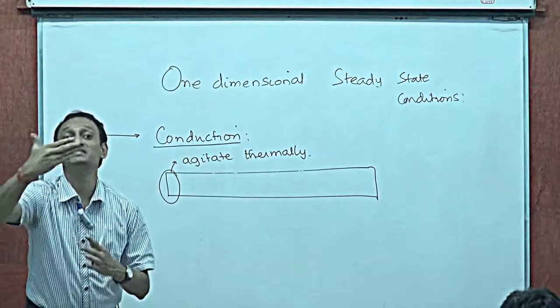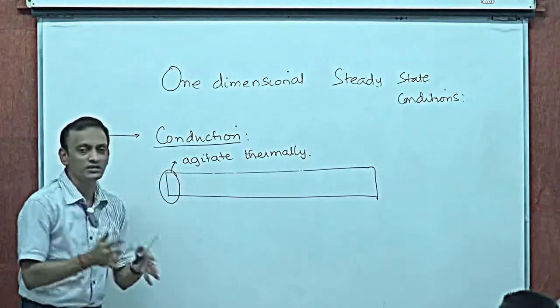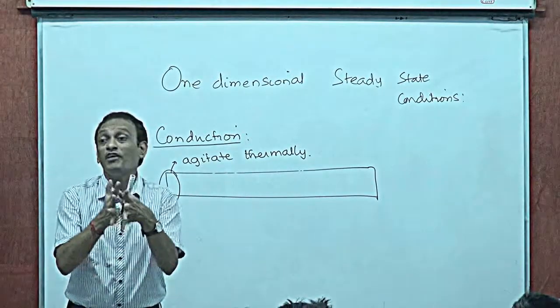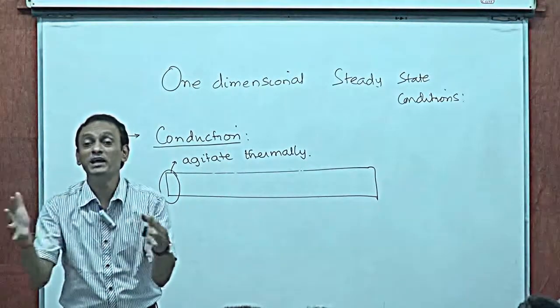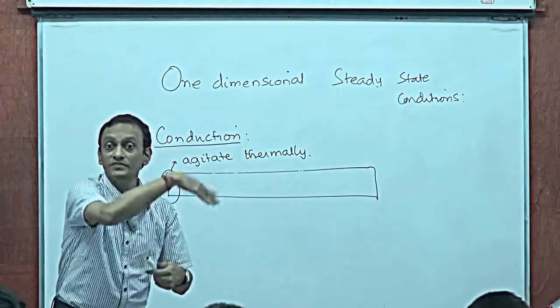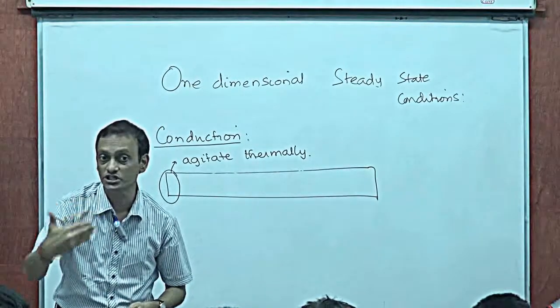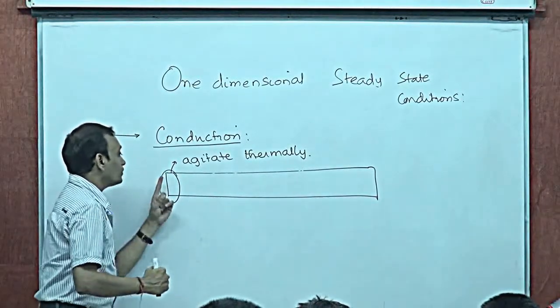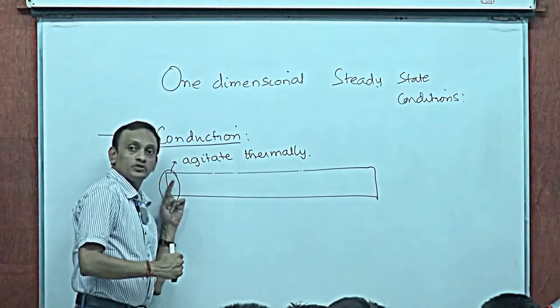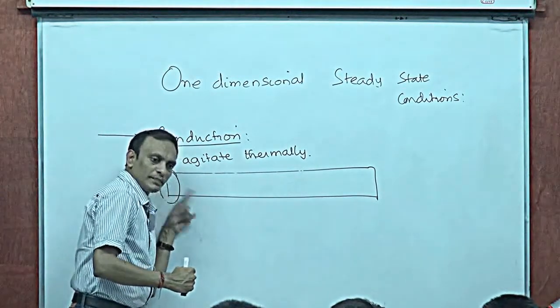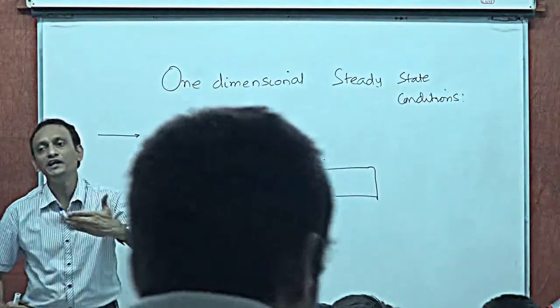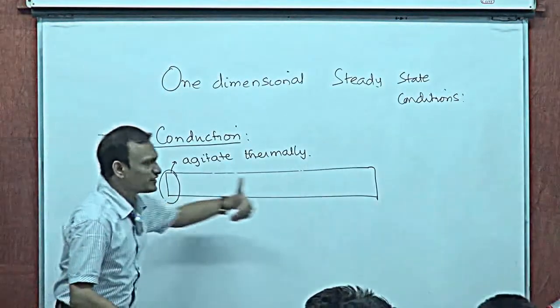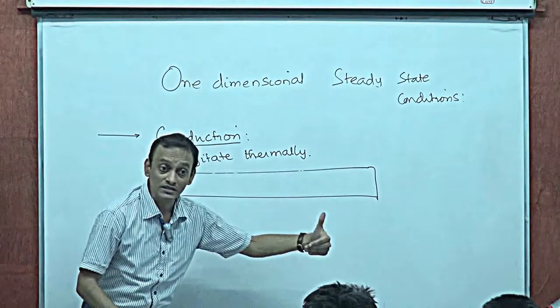I increase the temperature. When I increase the temperature, then the vibration of the molecules about their mean position will increase, right? Now, when the molecules vibrate more vigorously about their mean position, then what they end up doing is they share their kinetic energy with the neighboring particles.